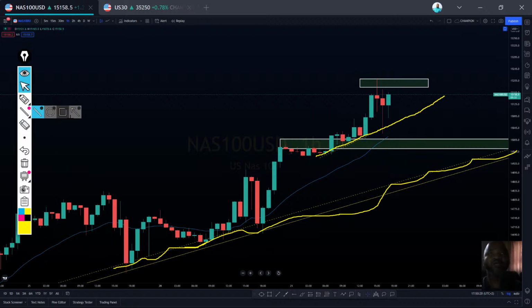So it's almost lunchtime in New York. So our price, you can see, is not that strong or volatile like it was around the time of the opening session. Now our price is pushing towards the upside.